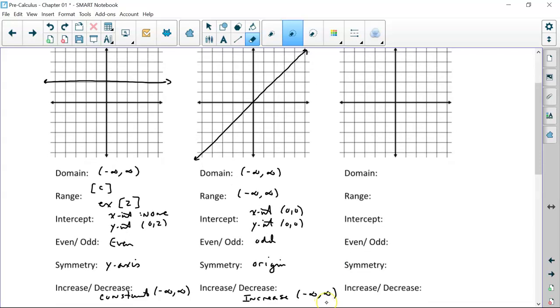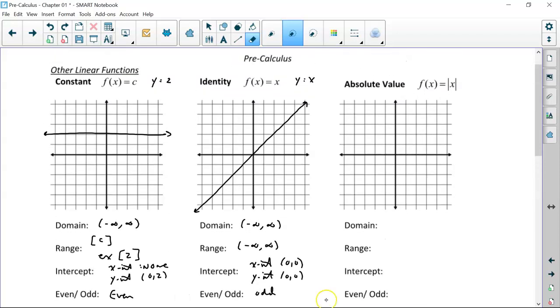Next, we have an absolute value function. Y equals the absolute value of x. Absolute value functions look like a V-shaped graph. So our domain, all real numbers, negative infinity to infinity. Our range, we never go below 0.